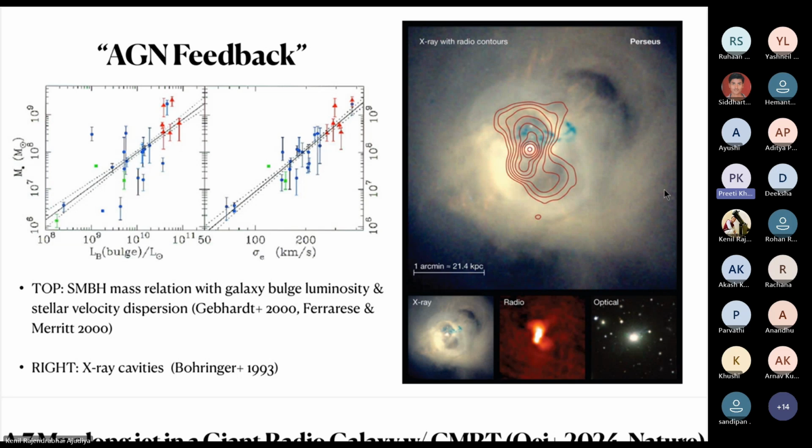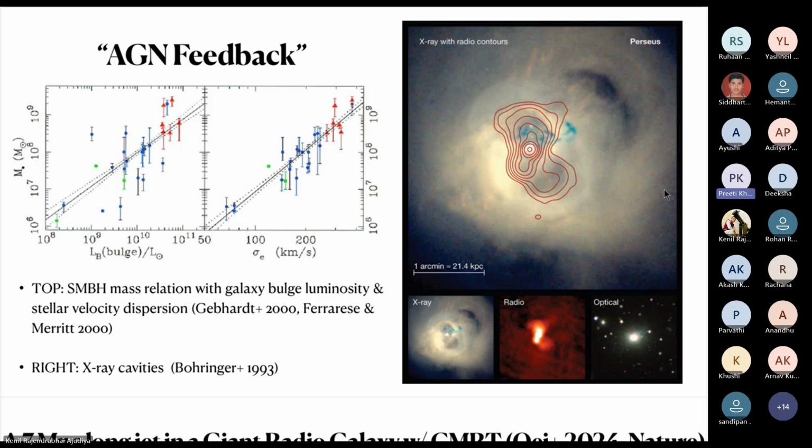On the left, the figure is plotting the mass of the black hole. I didn't tell you about the techniques by which black hole masses are actually measured. I mentioned how it is measured in our own galaxy, which is stellar motion. But if you also have indications of gas motion through spectral observations, you can also get the black hole masses of external galaxies.